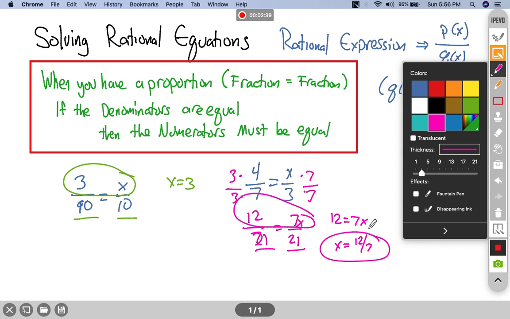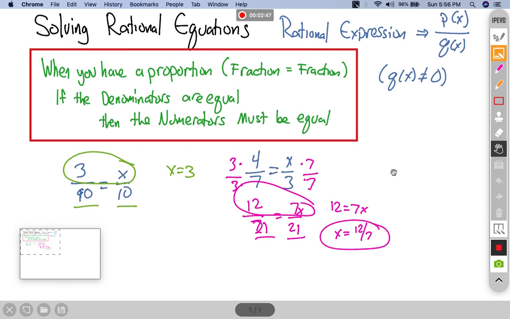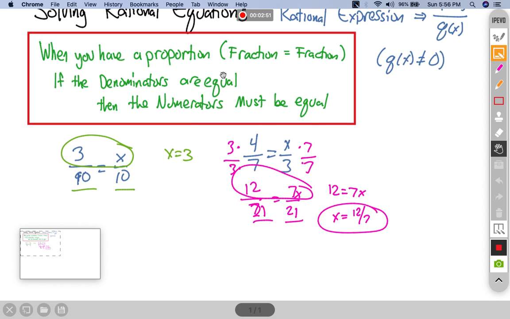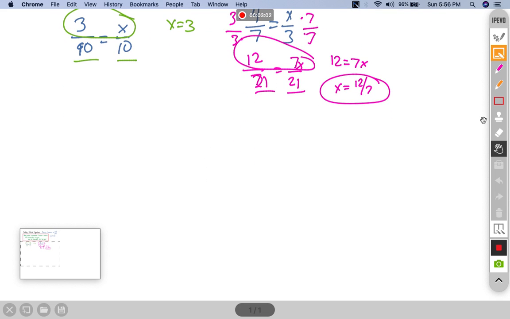That's our big idea. And we're just going to explore some of the ramifications, what happens when we start messing with some of these rational functions. So again, our big idea: if we can get it to be a fraction equals a fraction and make the denominators equal, then the numerators have to be equal.